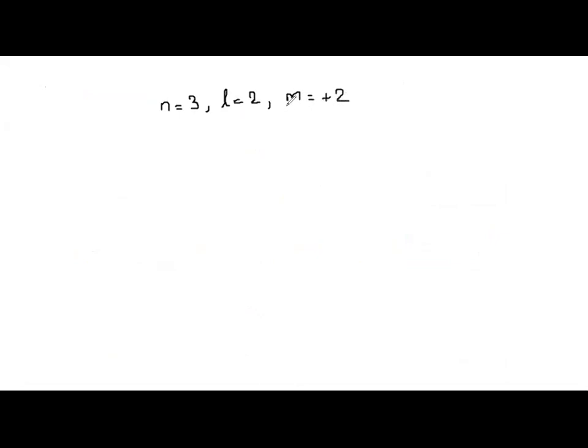For n is equal to 3, L is equal to 2 and M is equal to plus 2, it symbolizes what? So 3, L is equal to 2 means it is D. So one of the orientations of D. So I can say it symbolizes one of the 5d orbitals, correct?